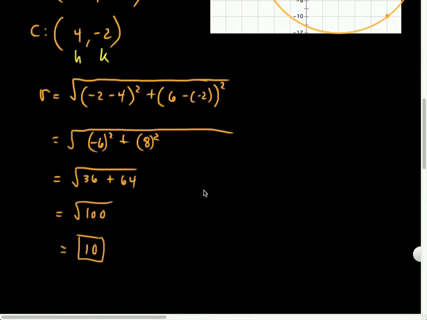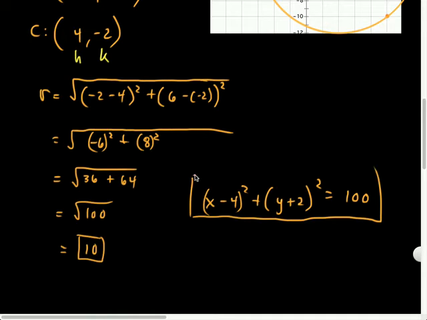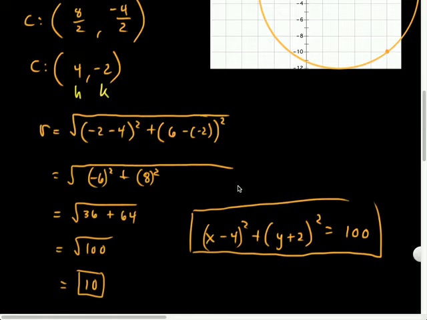So the equation will be (x minus 4) squared, all squared, plus (y plus 2), all squared, equals 10 squared, which is 100. And we have found our culprit. Mystery solved. Dun dun dun. Right? So that's the idea. And notice once again that this is the opposite of that, and opposite, right?